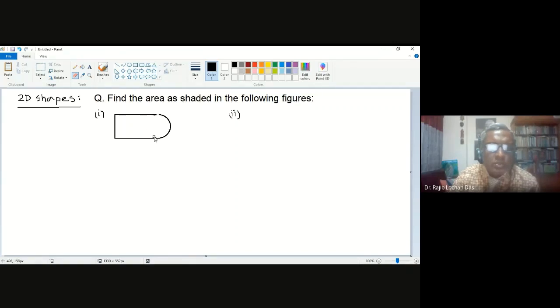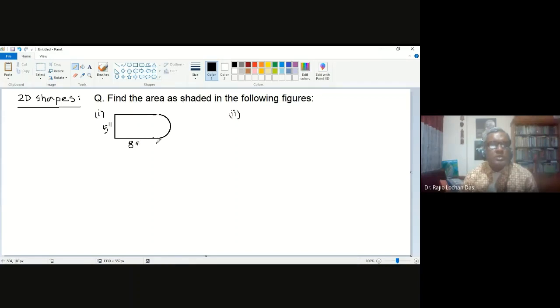So this is the shape I am giving you. The length is 5 inches on this side and 8 inches on this side.